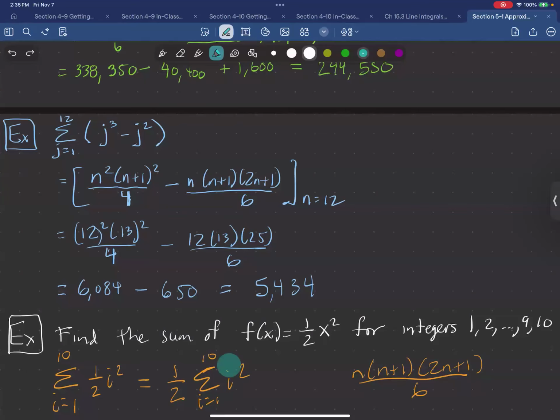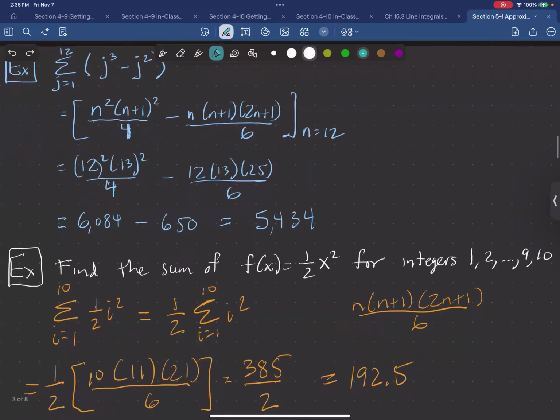So we have the 1/2, the i squared formula. And the i squared formula was that. So I've got my 1/2 multiplied outside, n equals 10. And 10 plus 1 is 11, and 2 times 10 plus 1 is 21. When you work that out, you get 192.5.